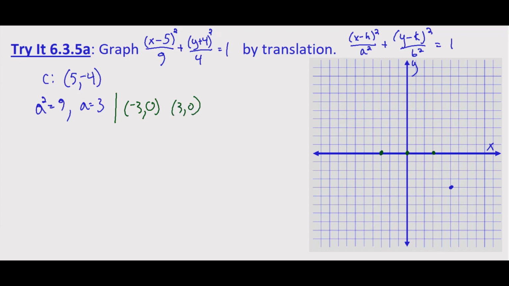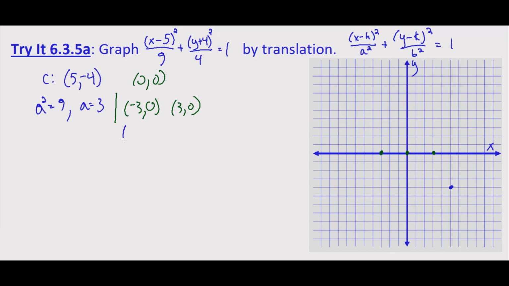So now where is our center in comparison to those? Our center is at (5, -4) compared to (0, 0). With (0, 0), we're at (-3, 0) and (3, 0). So with our current ellipse, we're going 5 in the x direction and -4 in the y direction.